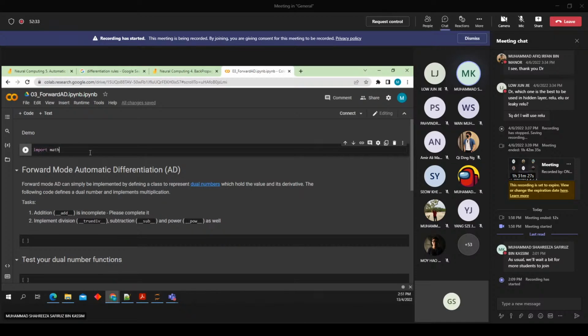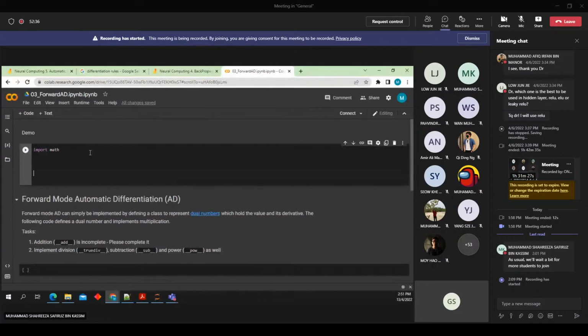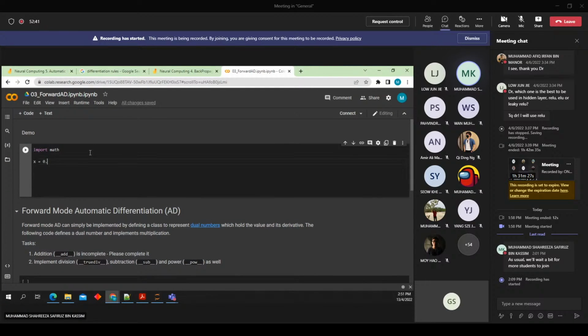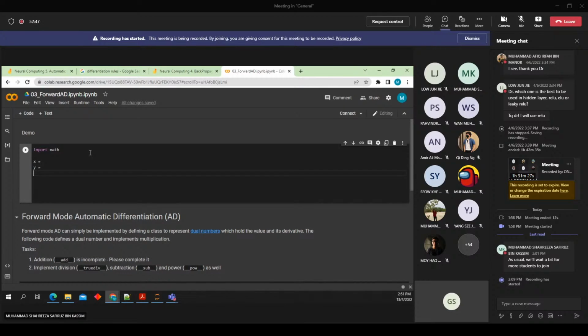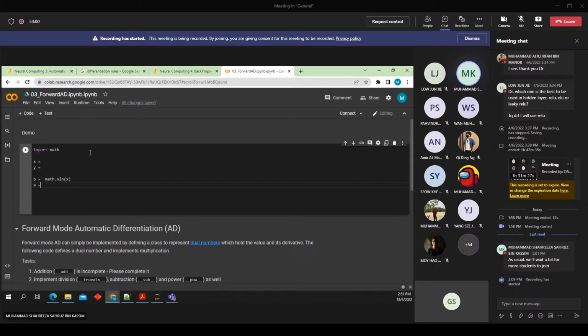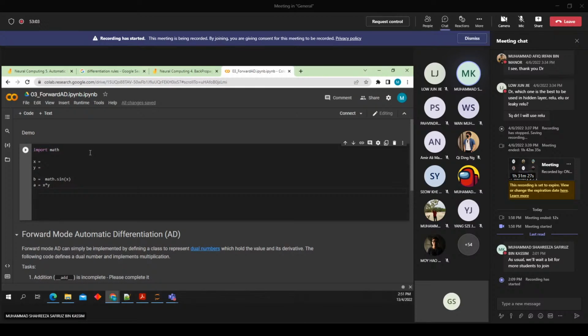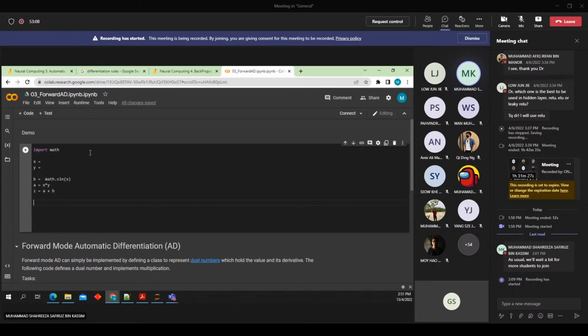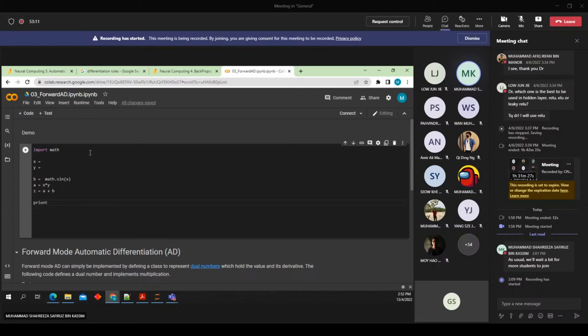So for example here, x equals 0.5. We don't have any values, for example. y equals something. And you have b equals math of x, equals x times b, and then c equals a plus b, and then just going to do print.